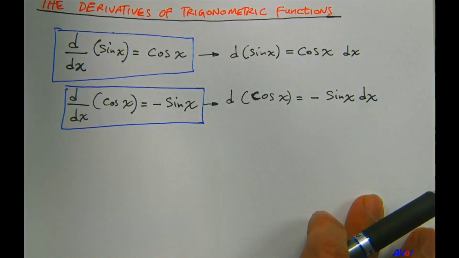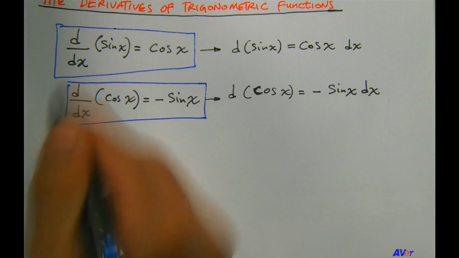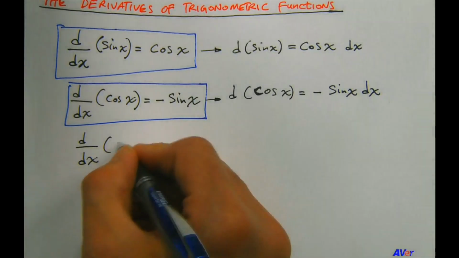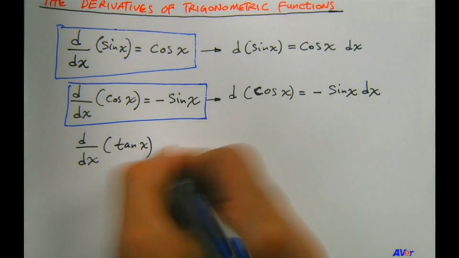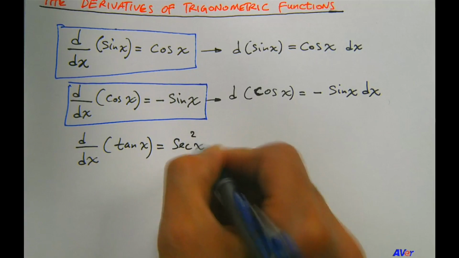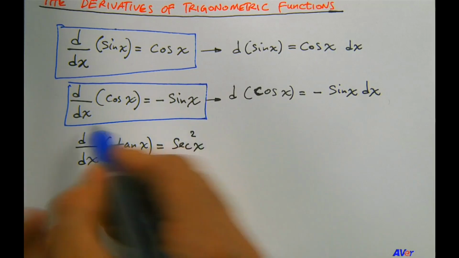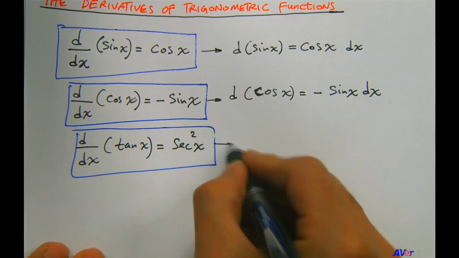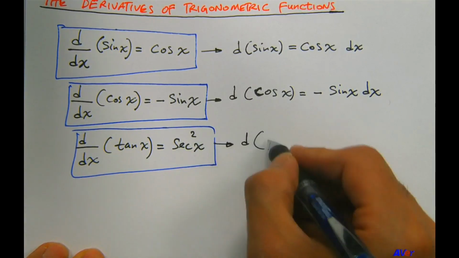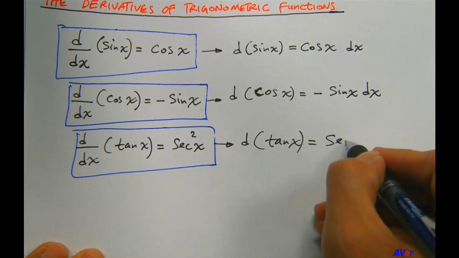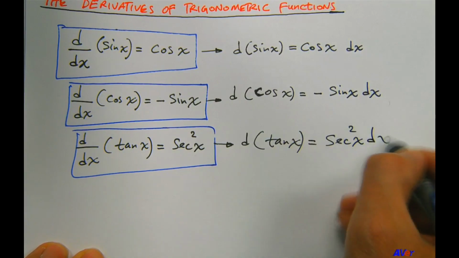Okay, so other derivatives of trigonometric functions are as follows. If you want to take the derivative of, let's say, the tangent of x function, that is equal to secant squared x. By the same token, you can rewrite this as the derivative of the tangent of x function is equal to secant squared x dx.